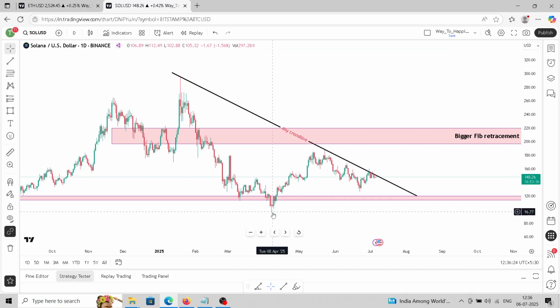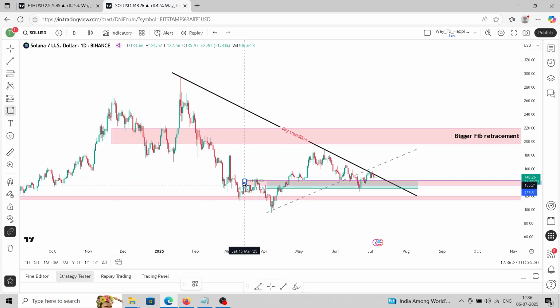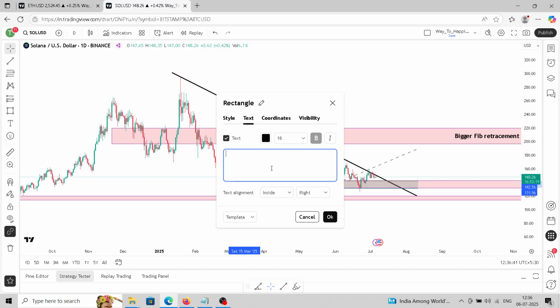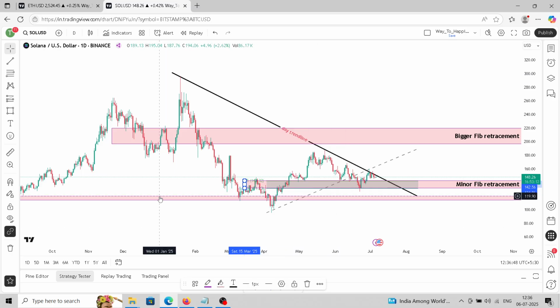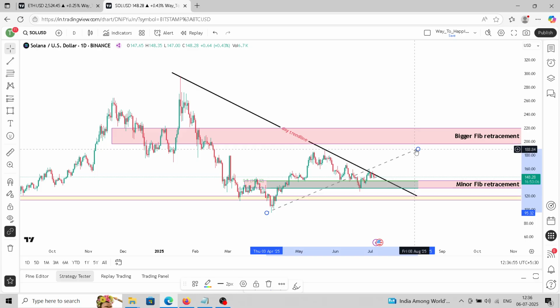Here to here, but the prices again went up. Okay. So from here till here, what do we have? We have the minor fib retracement. Okay. Support, let me highlight this in a different color. Okay. Let me delete this.